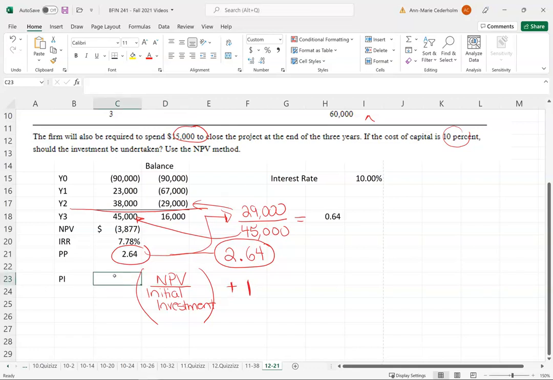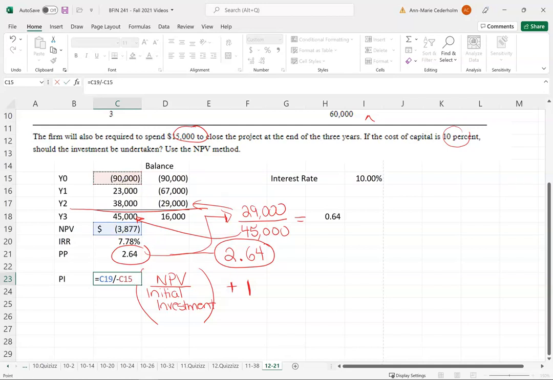Okay, so if I take my NPV of negative 3877 and I divide that by my initial investment. So I don't want the initial investment in brackets, so I'll just do minus 90. So if I'm going to click on the cell, I'm just turning that into a positive.